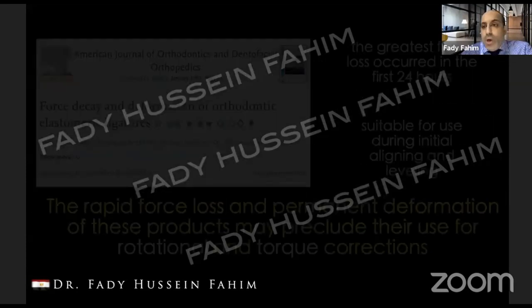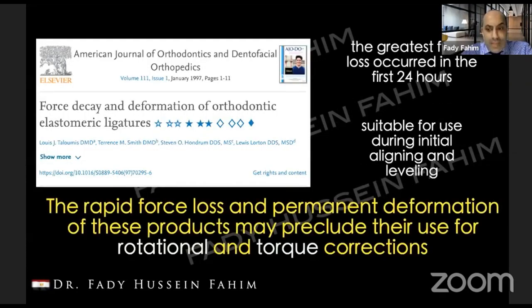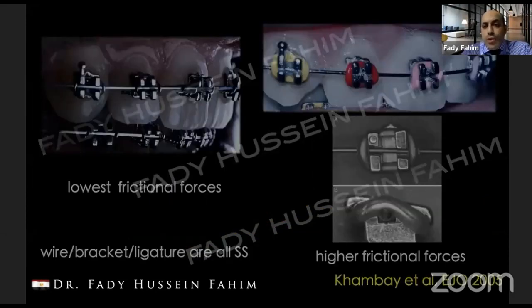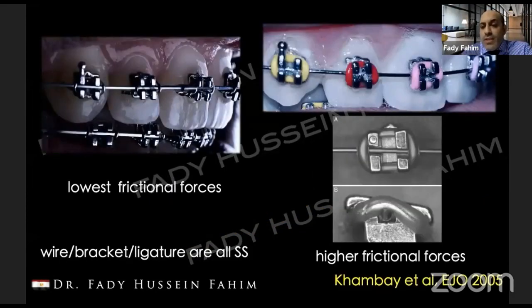Also, we all know that with elastomerics the force degrades within the first 24 hours, then goes downwards and reaches 0. That's why you take much time during the 3 phases of orthodontics, especially leveling and alignment, because you're still using elastomeric ties.